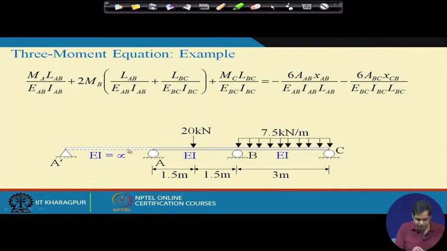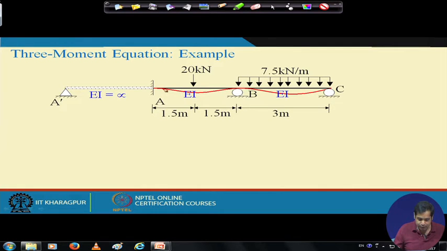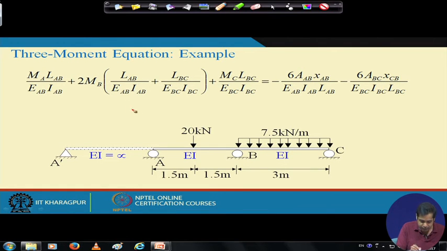So, if the flexural rigidity is infinite, then since it is a 1 by EI term, the corresponding contribution becomes 0. So, if you apply the three moment equation at point A, the contribution from this part becomes 0, and you have a relation between the bending moment at A and the bending moment at B.